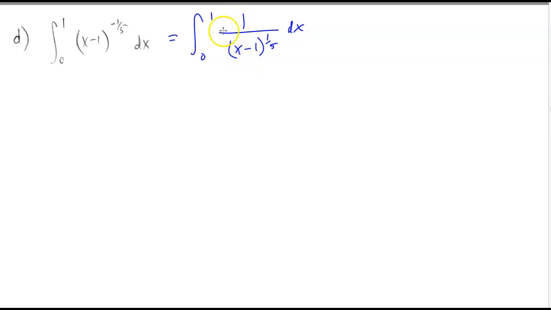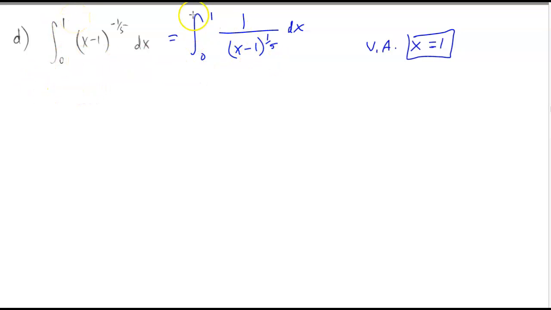And this integrand here, 1 over x minus 1, all that raised to 1/5, does have a vertical asymptote at x equals 1, which is the exact same value as the upper limit of my definite integral here. So we know because of that, this is going to be an improper integral, because I basically have a discontinuity at the upper limit.